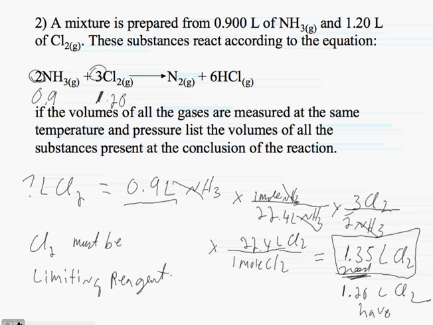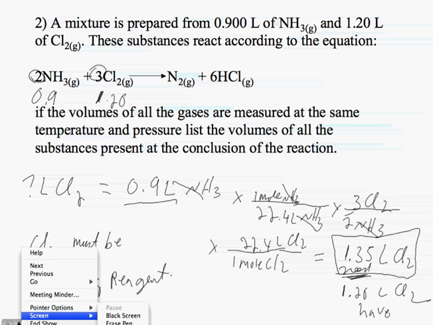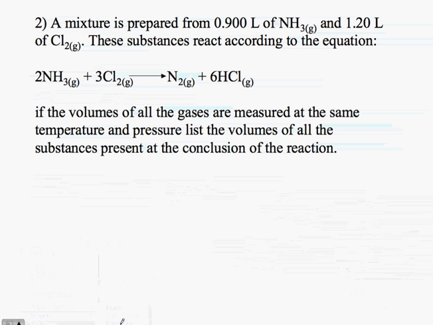How much ammonia will we need if we have 1.2 liters of Cl2? So, how many liters of ammonia is equal to 1.20 liters of Cl2?